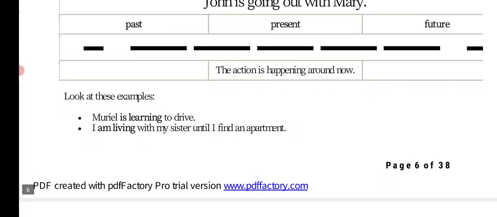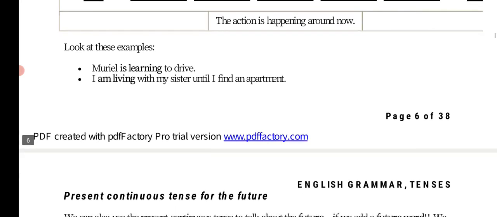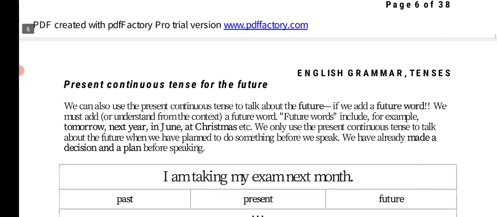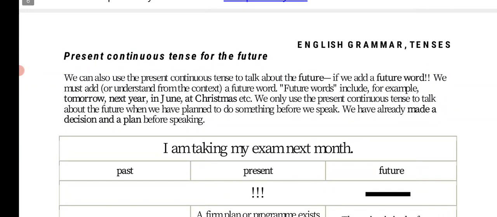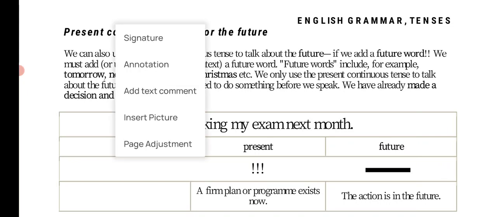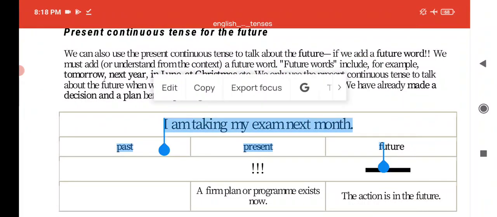I am living with my sister until I find an apartment. I'm learning to drive. These are all examples of present progressive tense. And how do we use present continuous tense, present progressive tense, to denote future? For example, look at this statement: I am taking my exam next month.